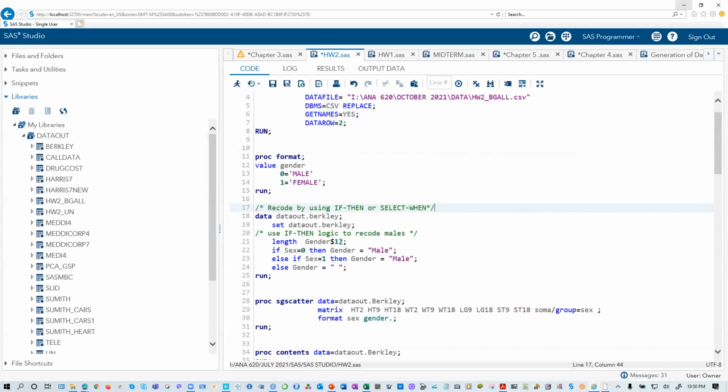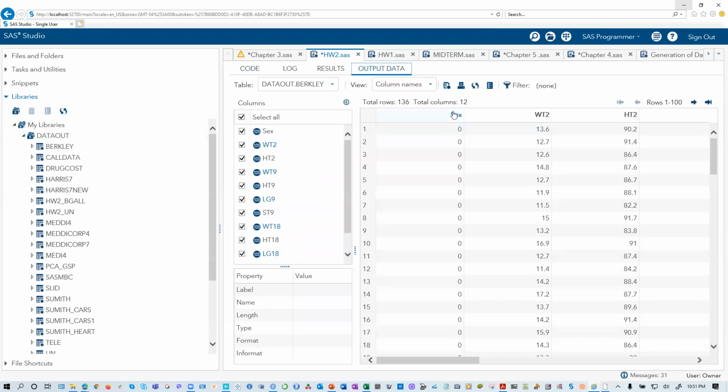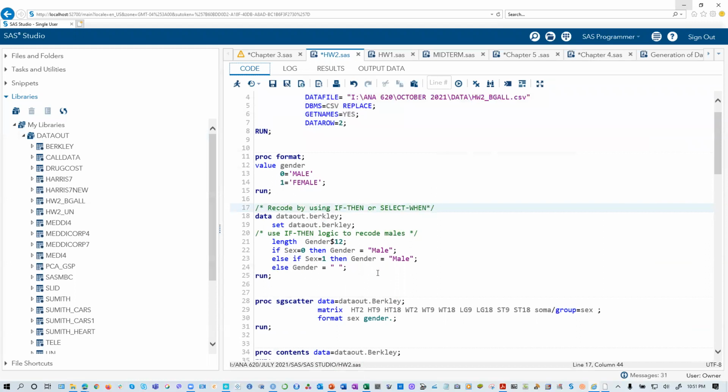So for the length, I keep the gender. Can you remember what we have in the data set? Here it says sex. It's gonna be changed to gender. So gender has a length of 12 characters. When sex equals 0, then the gender is called male.